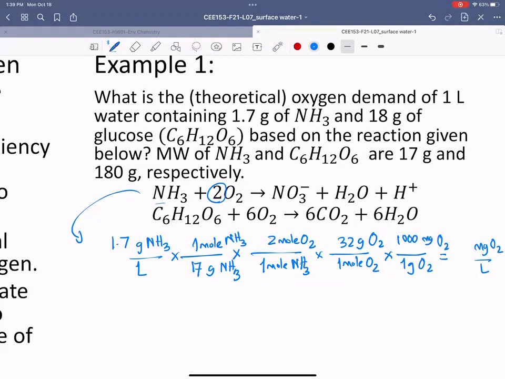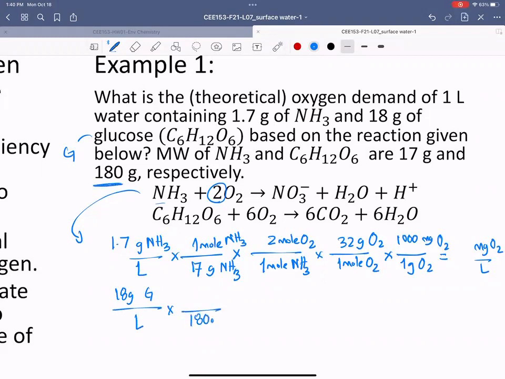Okay. If you do the same thing for glucose, let's calculate. So the amount of glucose is 18 gram. 18 gram of, I'm just going to write G for glucose, so that way you know where the G comes from. 18 gram of G per 1 liter. And you know that the molecular weight of glucose is 180, given here.